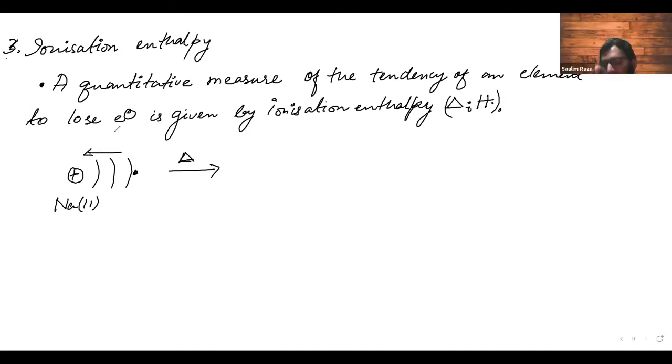So we have to give energy, because what comes next is a cation, with one electron decreased and no electron here, so this will be Na positive, correct? So we have to give energy to remove an electron from the outermost shell.